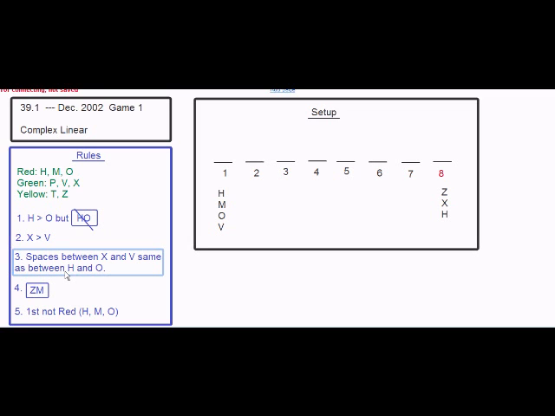So whatever number of spaces we leave between H and O, that's how many spaces we need to leave between X and V. And that means just like with H and O, where there's going to be at least one space in between them, there's going to be at least one space between X and V.